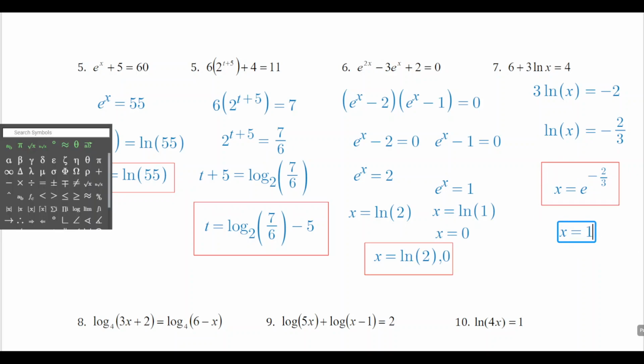If you're trying to rewrite it without a negative exponent, you would write it as 1 over e to the 2/3. And so this would be an acceptable answer as well. And if you really like using the square roots, you could write this as the cube root of e squared. But honestly, I think this is probably the cleanest way to write it, so I would just leave it like this.